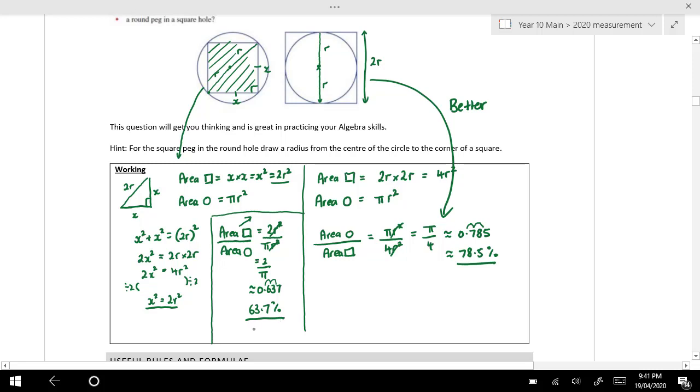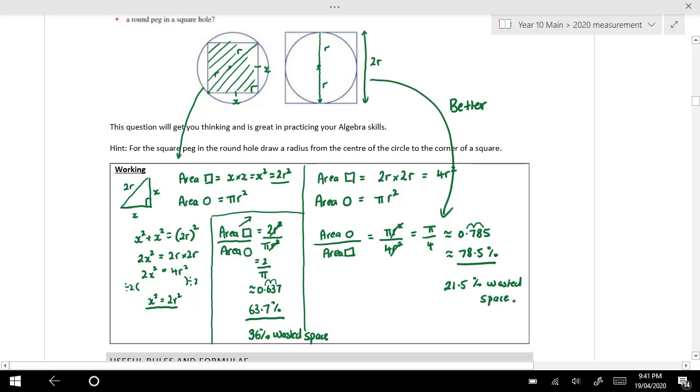So there's about 36% of wasted space, where over here there's closer to 21.5% of wasted space.